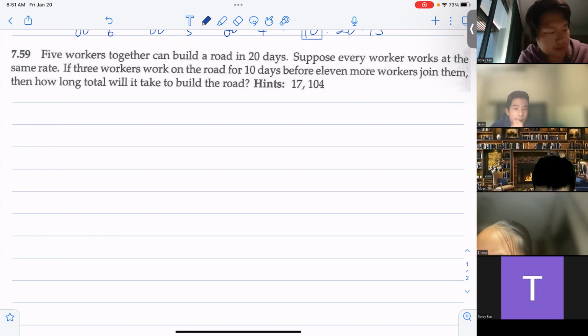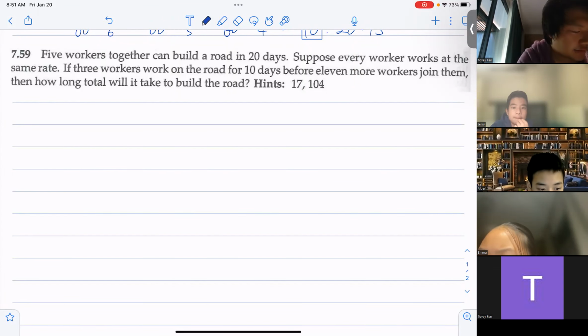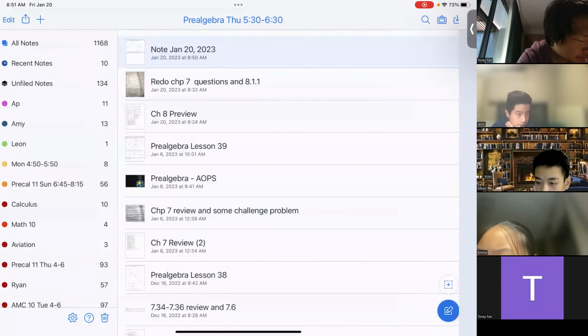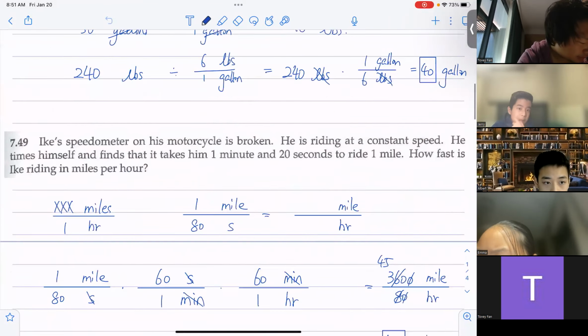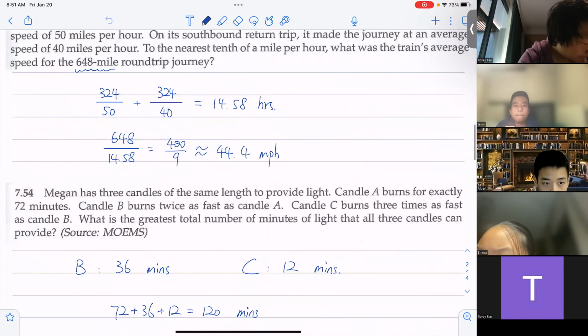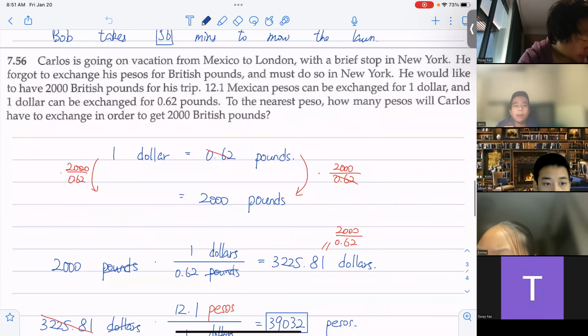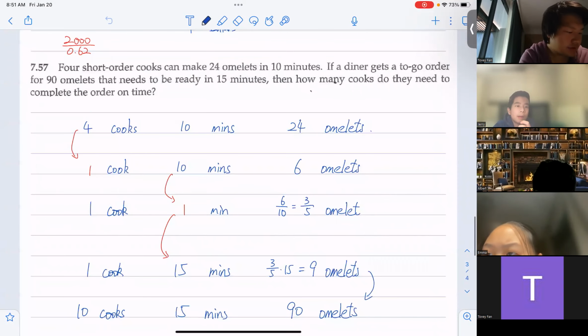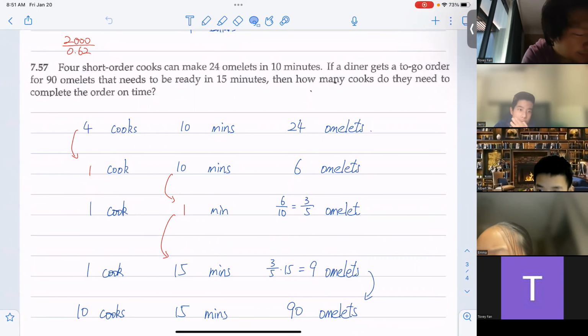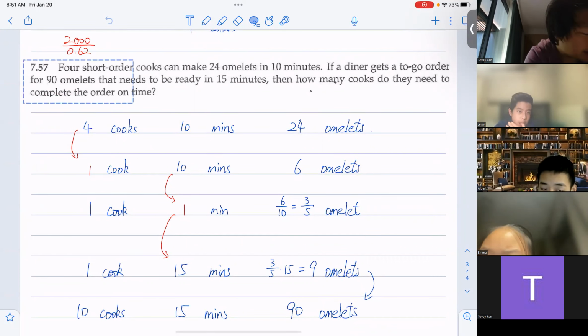We've also done a similar problem in review problems, and I think that was from last class. Maybe you can review it first and see if you have any idea. I believe it was another worker problem, which is here. You see if this makes sense. This is 757, basically the last problem in the review problems.